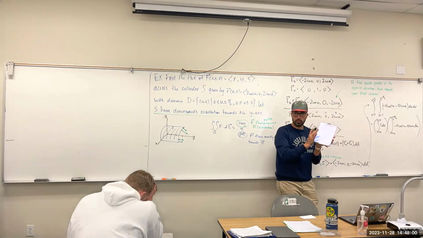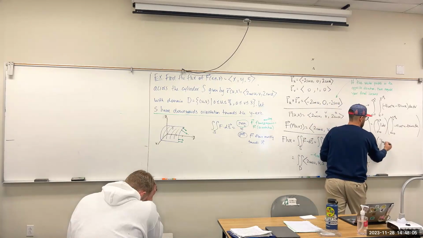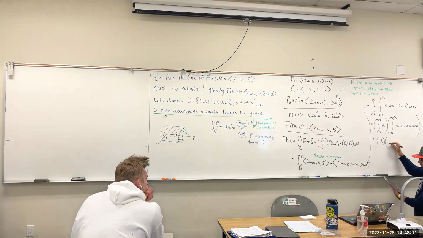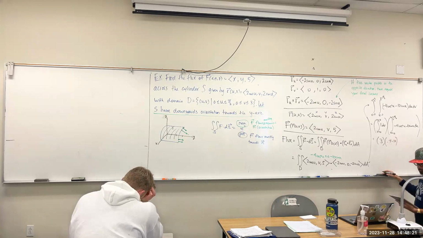I do the entire work on the notes, but here we're going to skip it. Here you're going to get 3. And then here you're going to get minus pi minus 10, which ends up being minus 3 pi plus 10. And then if you put that in decimal form, that's about negative 39.4.